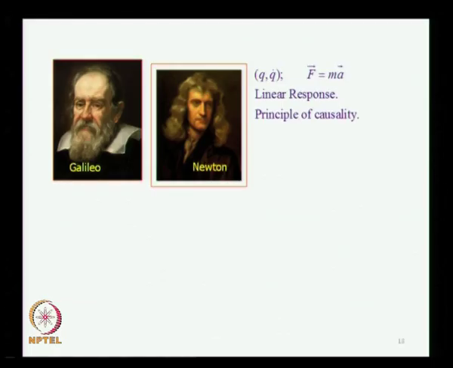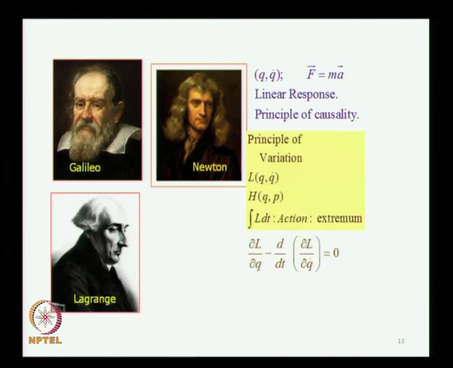That force is the agency which disturbs equilibrium, and that is the second law, F equal to ma, right. The disturbance from equilibrium manifests itself as acceleration of the object. This is what Newton formulated in his scheme of mechanics, and this is really the heart of the principle of causality and the linear response theory in Newtonian dynamics.